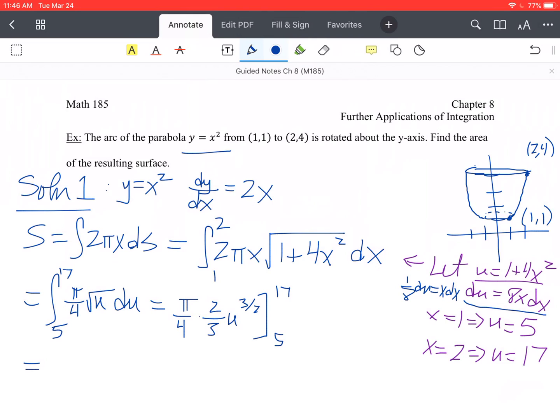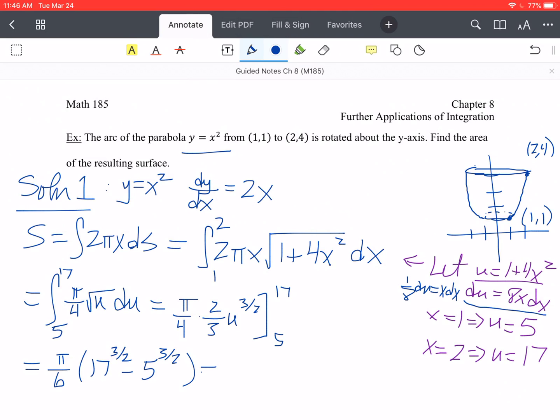So that is going to be, right, 2 pi over 12, which is the same thing as just pi over 6, times 17 to the 3/2, minus 5 to the 3/2.